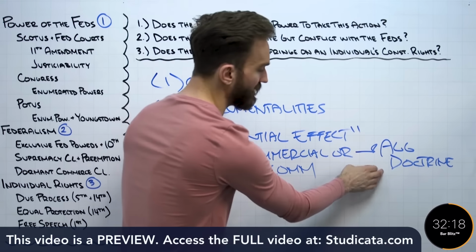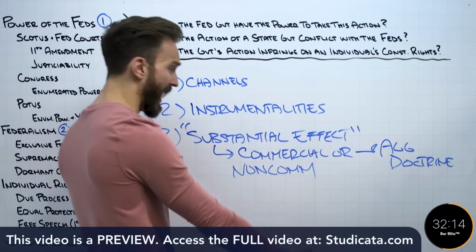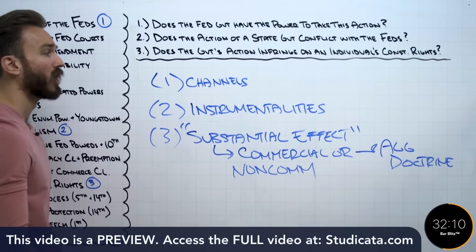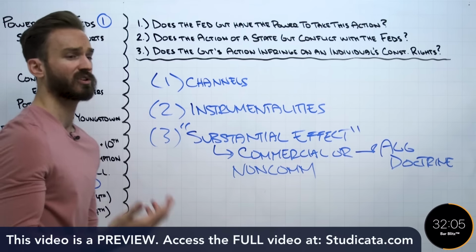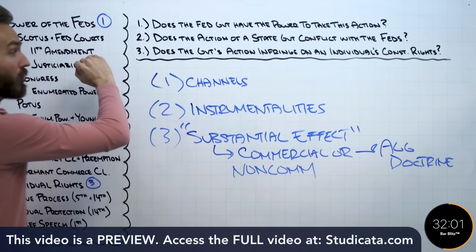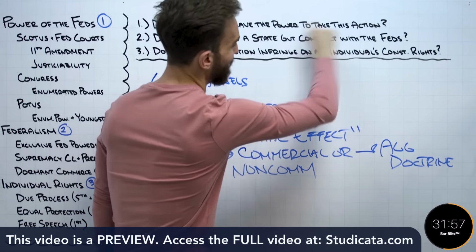Lopez, can't apply the aggregation doctrine. That's not an activity that has a substantial effect on interstate commerce. So Congress cannot enact that law under the Commerce Clause. They're not going to be able to regulate possession of guns in school zones under their commerce power. The federal government doesn't have the power to take that action.